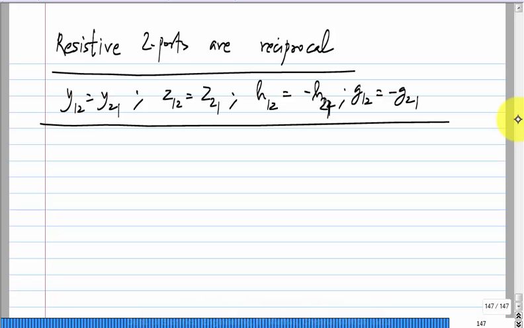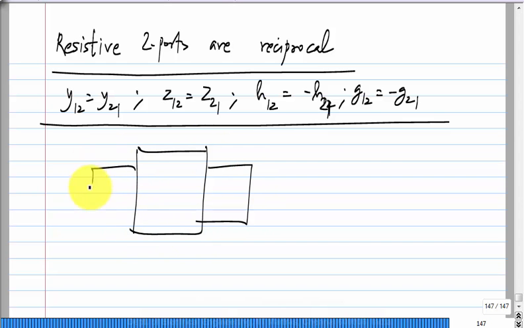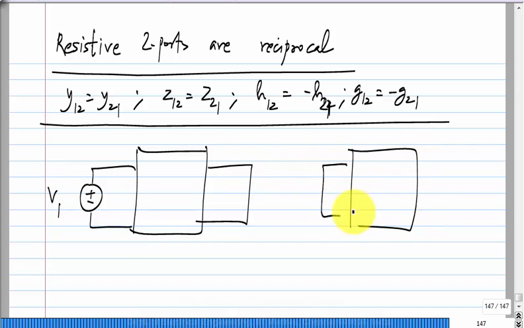Yeah. No. I1 is not equal to I2. If you short circuit port 2 and apply voltage only to port 1, and in the other case you short circuit port 1, apply voltage only to port 2, these ratios are equal.